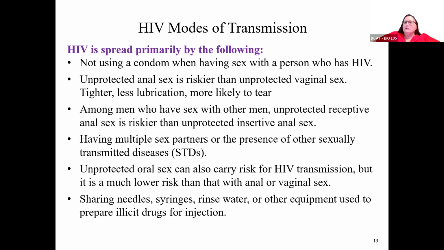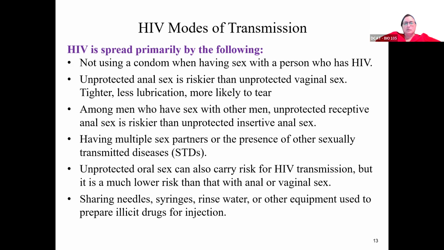So, if a person has other sexually transmitted diseases, whether it's let's see, herpes, gonorrhea, or syphilis, anything like that that could be causing open sores or irritation within the sexual area, then if they have those sores or openings from another STD, they're more likely, if they have sex with a person with HIV, that HIV can enter more easily through those open areas. Unprotected oral sex can also carry risk of HIV transmission.